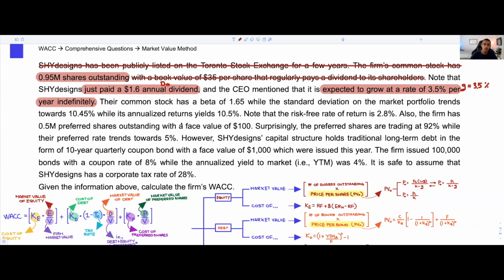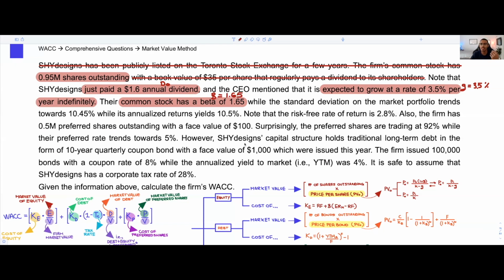They just told you that the beta of the common stock is equal to 1.65. And that's extremely important. Why? Because if you look at your flowchart, you know that if we want to solve for the cost of equity, we need our beta. And in this case, they gave you the beta. So beta is equal to 1.65. I really want to have that in mind.